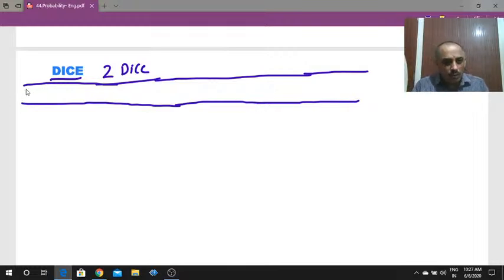Okay, so here, if a person throws dice, the sum of dots and the number of possible outcomes.